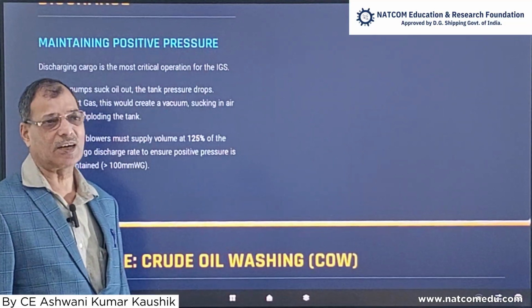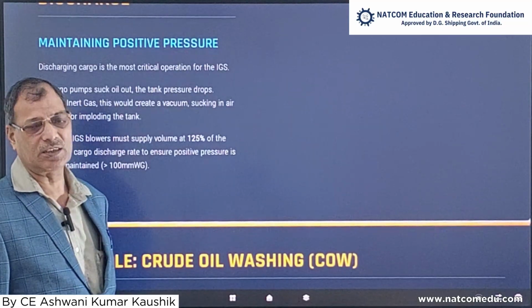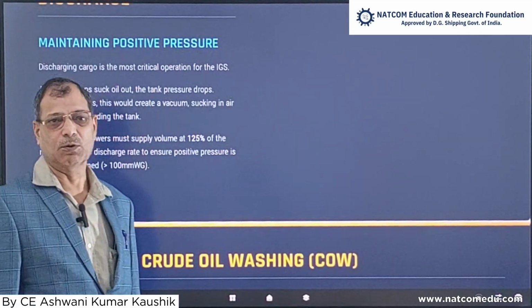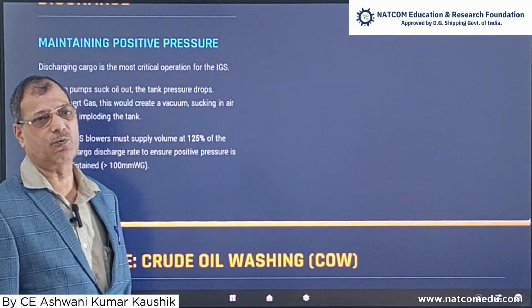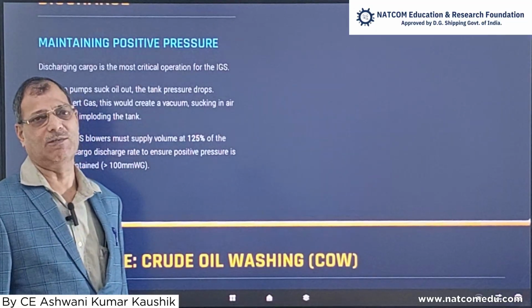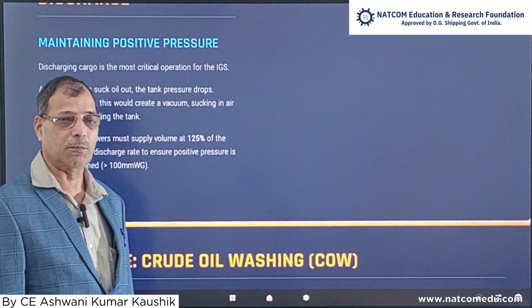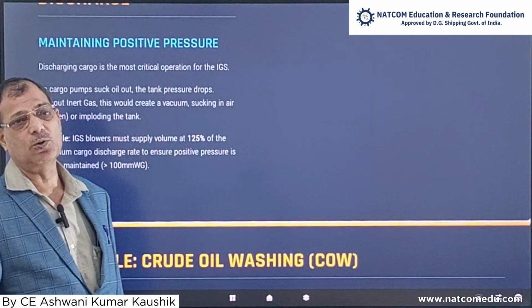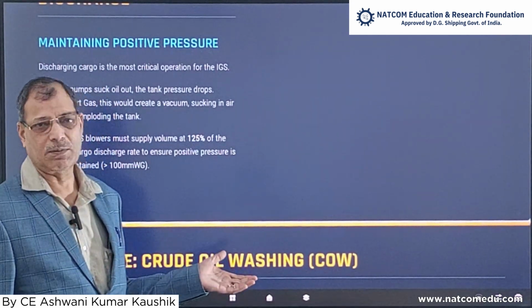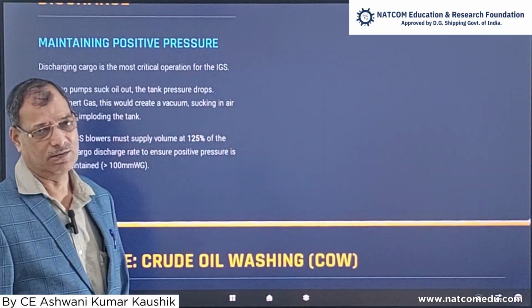When you are running the cargo pumps, that depends on your cargo pump discharge pressure as well as your IG blower. You can run only one IG blower at a time. You cannot run two blowers at one time. There is an interlock. If you bypass it, you can spoil your demister or your scrubber system, that can fail.